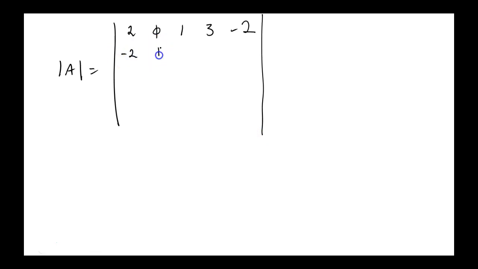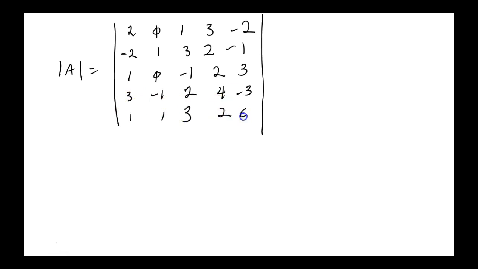Then negative 2, 1, 3, 2, negative 1; 1, 0, negative 1, 2, 3; 3, negative 1, 2, 4, negative 3; and the fifth row is 1, 1, 3, 2, 0. Okay, we're to find the determinant of that matrix however we choose to do it.